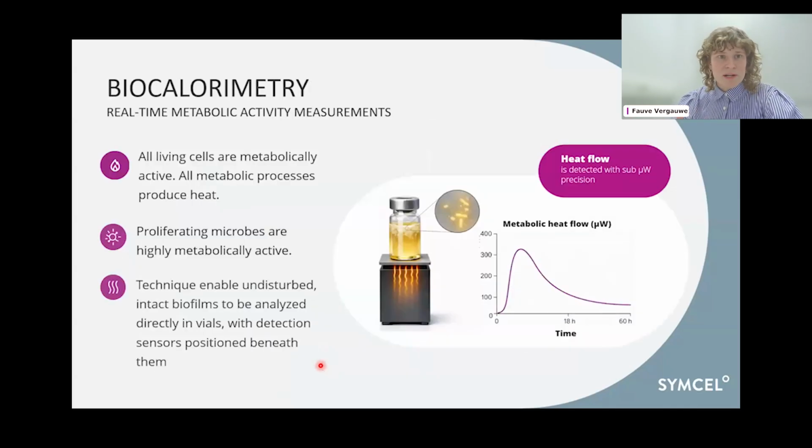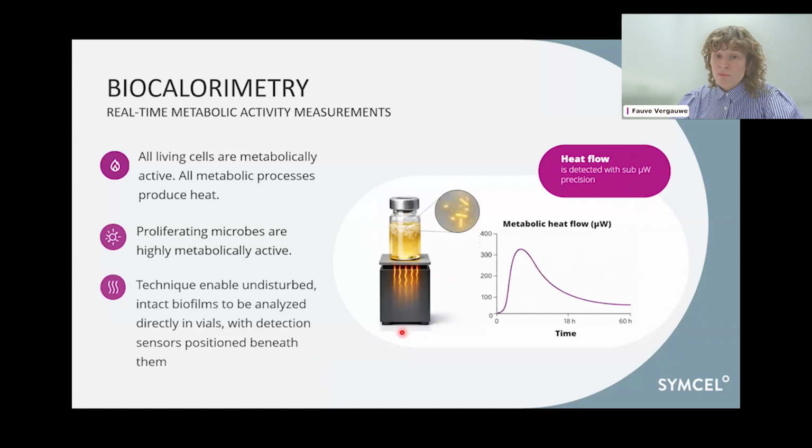But what is biocalorimetry specifically? Well, essentially all living cells will produce heat through their metabolism, and our calorimeter can detect this heat with an extreme sensitivity down to the sub-microwatt levels. And the vials with your sample, they will sit on these heat sinks that will transfer the heat down to detectors below that are very sensitive.